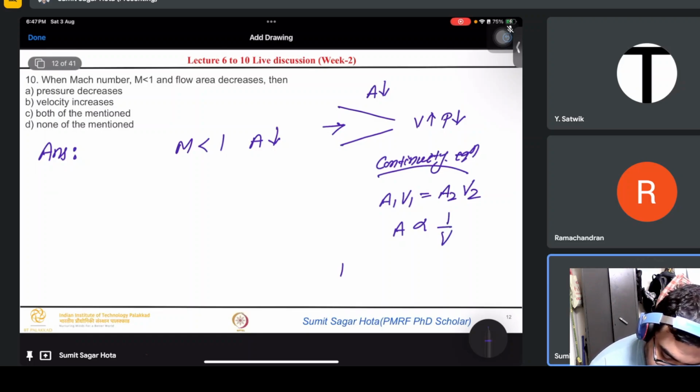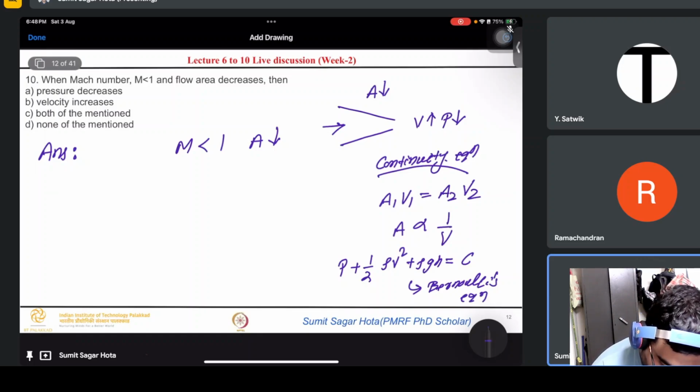Similarly, p plus 1 by 2 rho v square plus rho gh is equal to constant, which is Bernoulli's equation. That means the pressure will also decrease and velocity will increase. So obviously option C, both things will work.